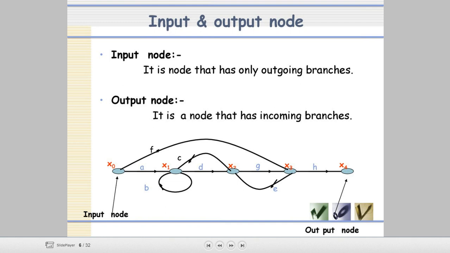Input node is a node that has only outgoing branches. Output node is a node that has only incoming branches. We can see this in this diagram.